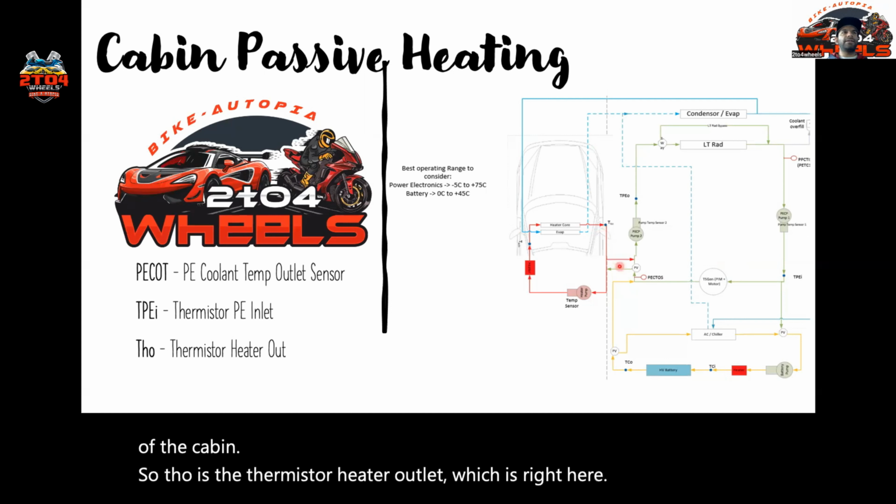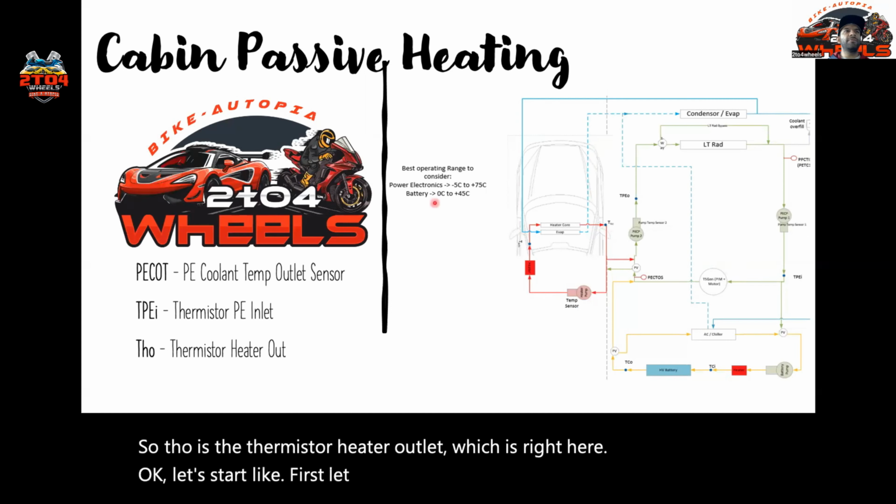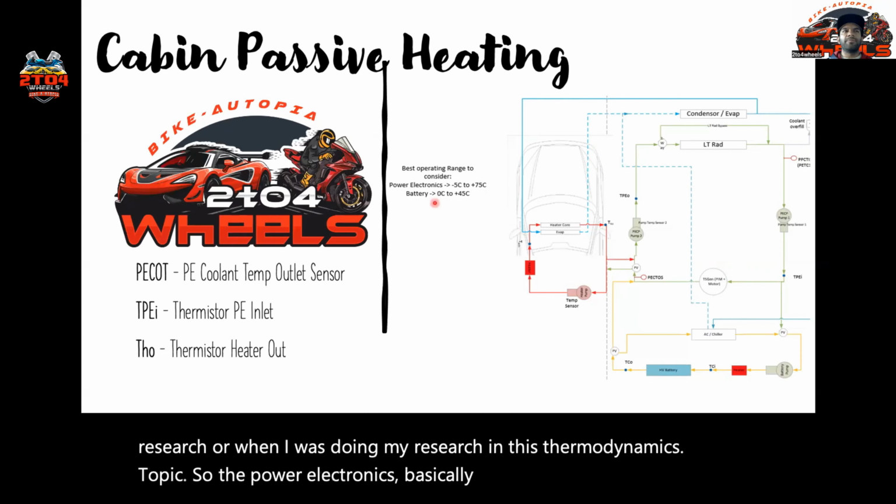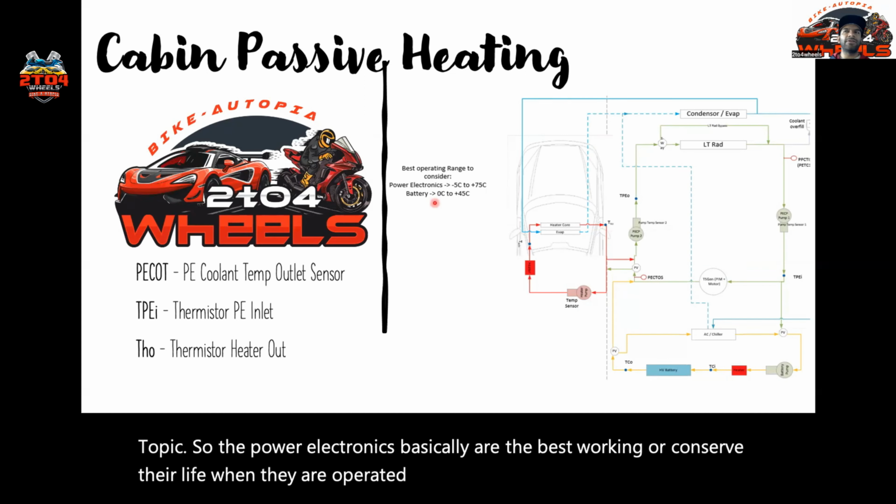Okay, let's start. First, let me give you some details. When I was doing my research in this thermodynamics topic, the power electronics basically work best, or conserve their life, when they are operated between -5 to 75.